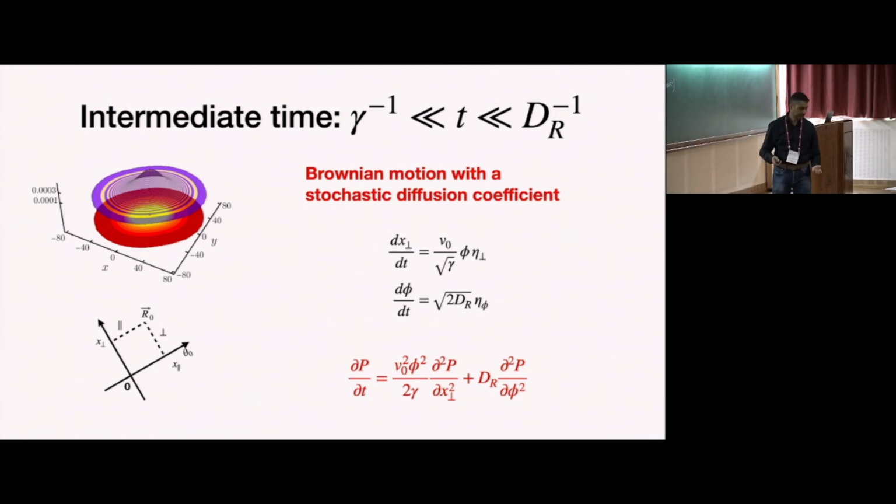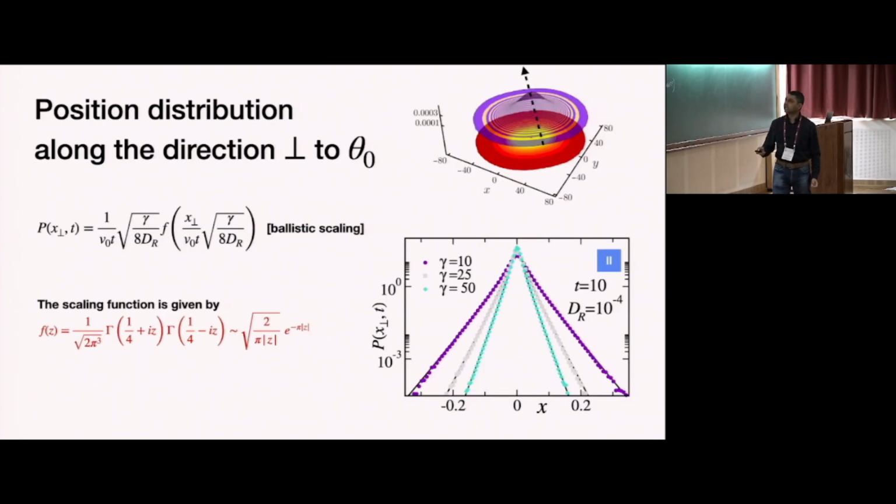And then you actually solve this, and what you see is a very interesting scaling distribution. First of all, the transverse direction, the perpendicular direction, moves ballistically, and you have a scaling form which you can actually compute exactly, which is a product of two gamma functions.